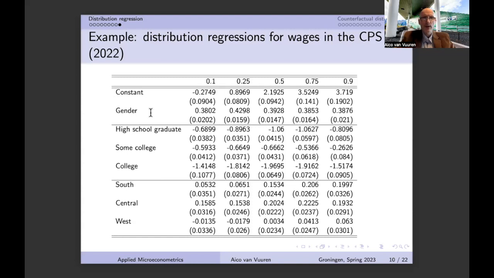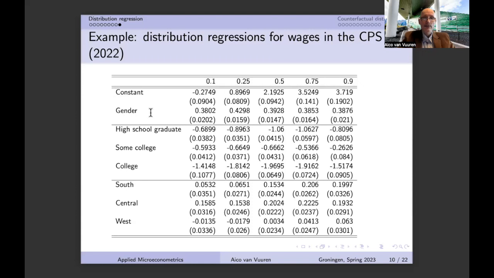It sounds a little bit strange, but what we estimate over here is the probability that you earn less than a certain wage. That means that if you have a positive impact on that, the probability to earn less than a certain wage is going to be higher. So that means that you must have a low wage in order to earn less than that particular wage.